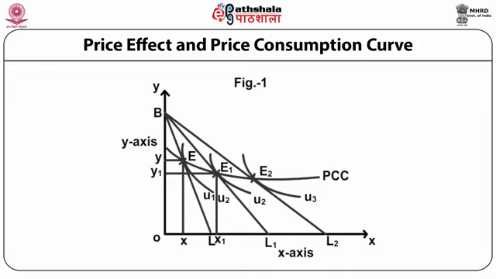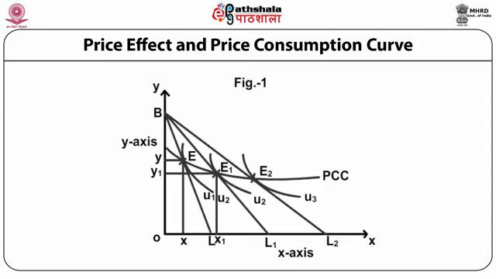The consumer is at equilibrium at point E, where the two conditions of consumer equilibrium are met: the slope of the indifference curve is equal to the slope of the budget line, and the indifference curve is convex to the origin. At point E, the consumer is consuming OX of good X and OY of good Y.